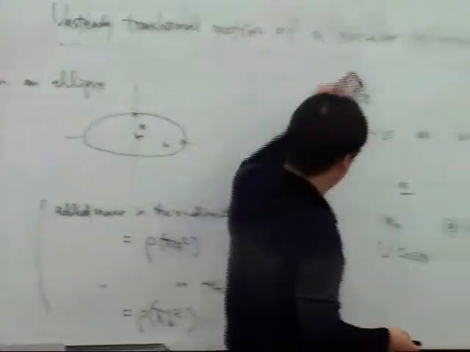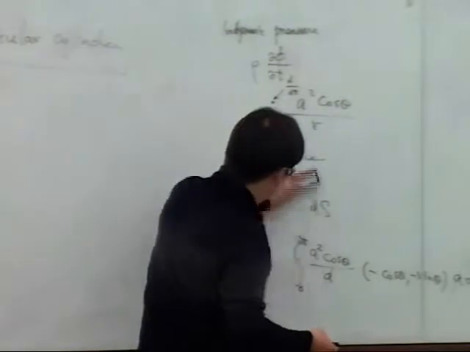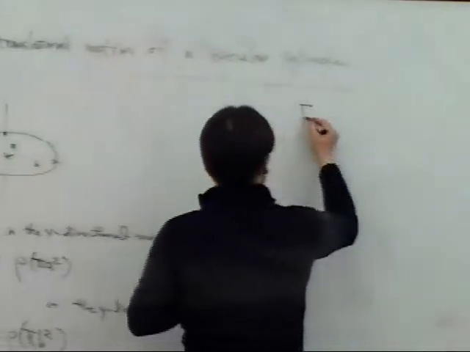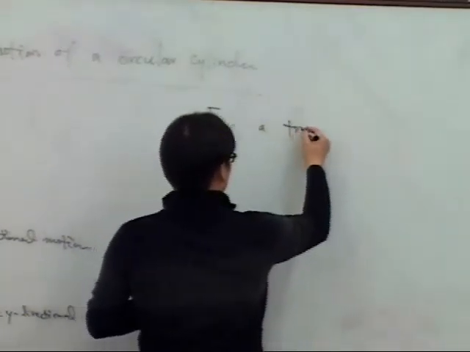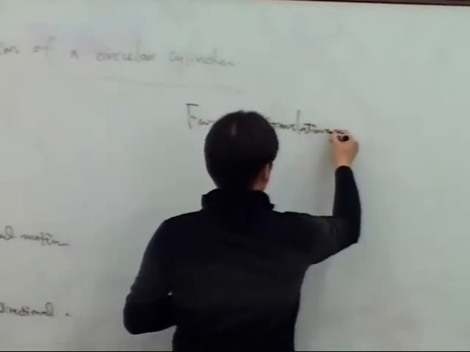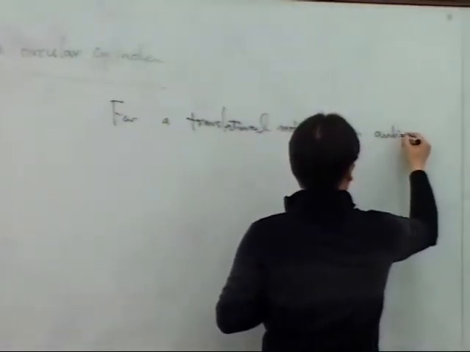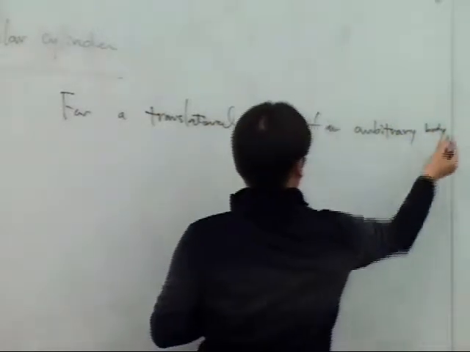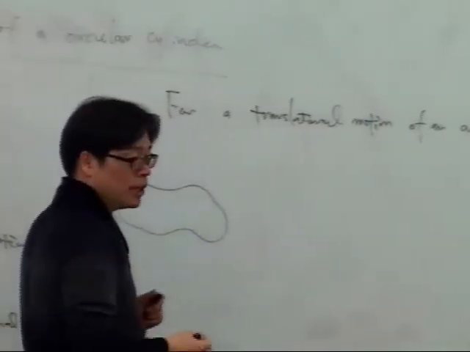So for a translational motion of an arbitrary body through the fluid, you have some complicated geometry like this.